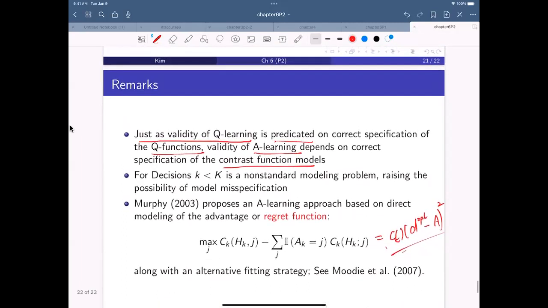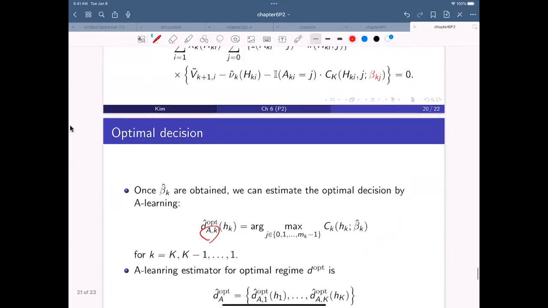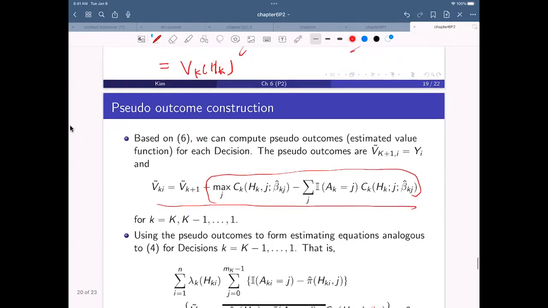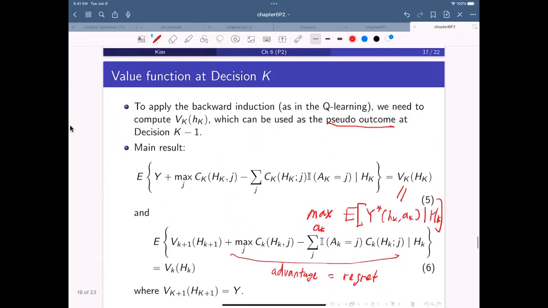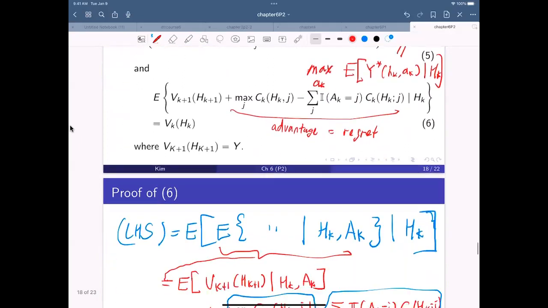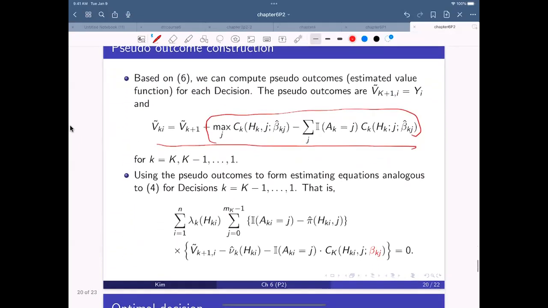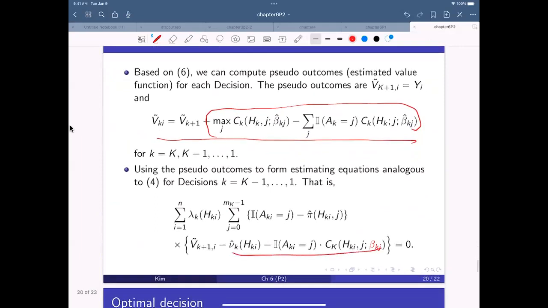So as we carried backward, we are assuming that this conditional expectation follows this model, right? So this is actually the Q function.